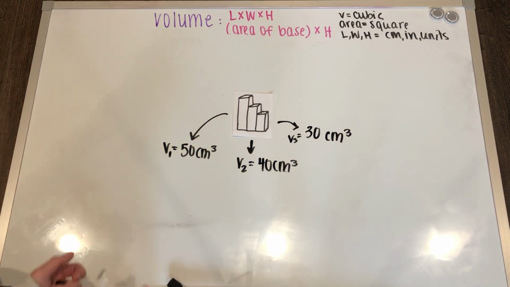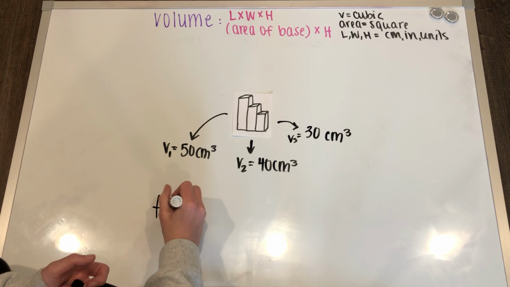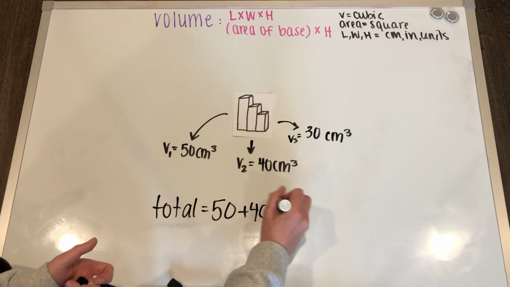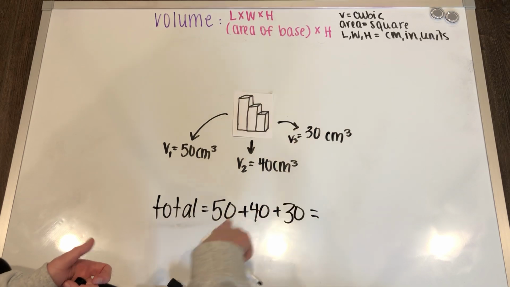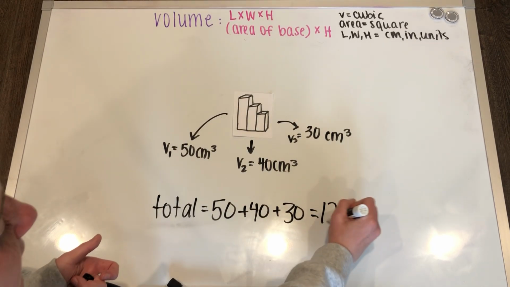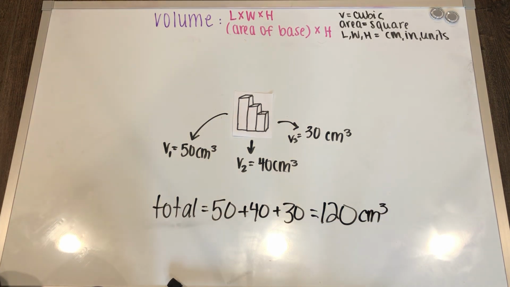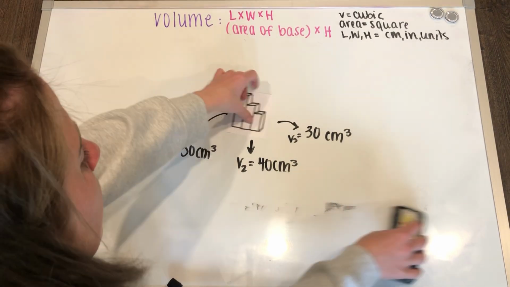What would the total volume be? Well, the total volume would be us adding up 50 plus 40 plus 30. 50 plus 40 is 90, plus 30 is 120 cubic centimeters, or centimeters cubed. Okay? So when we're finding total volume, we just have to add up the volumes.